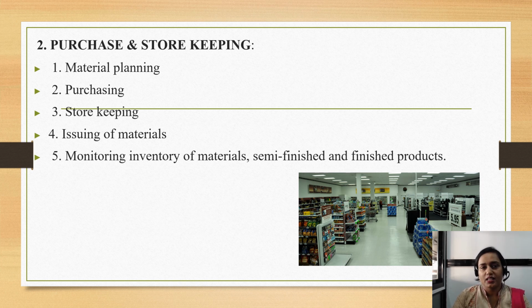So we can say purchase and storekeeping is another important function of the business. Storekeeping is important because it may lead to added expenses for the company if it is not done properly.